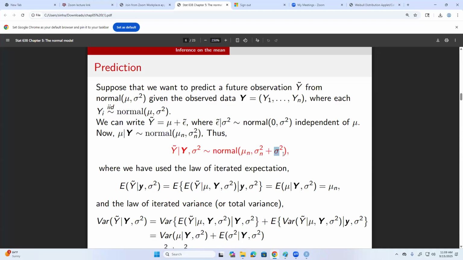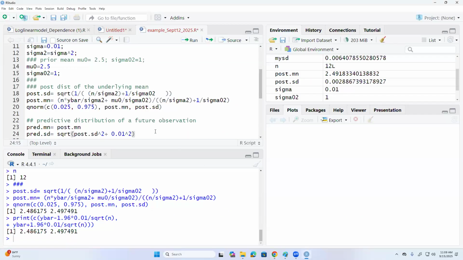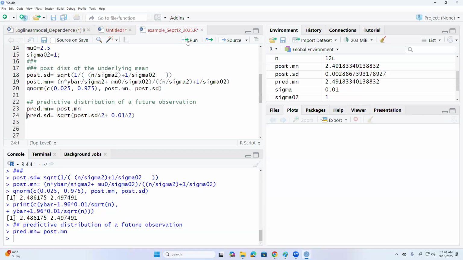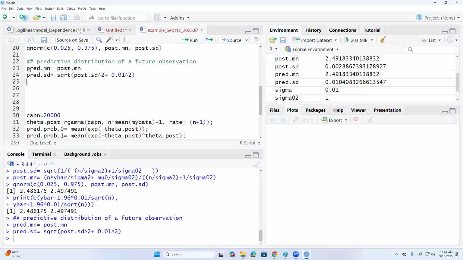Sigma is the population level standard deviation, 0.01, so sigma square will be 0.0001. And this is this. So I calculated predictive distribution's mean and standard deviation.